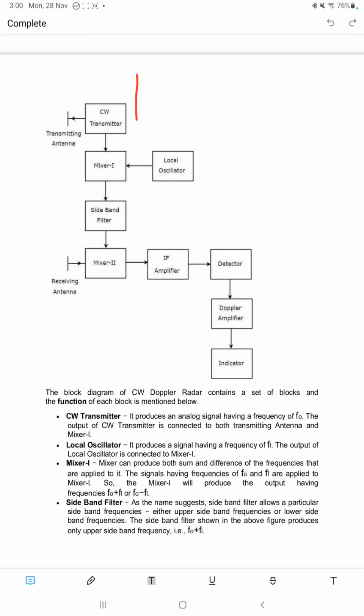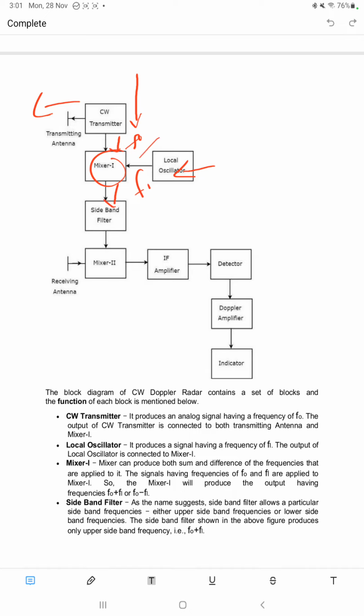Here, the continuous wave transmitter sends continuous signals with frequency f0 to the transmitting antenna as well as to the mixer. The local oscillator sends frequency f1. The mixer mixes both, giving the sum or difference of the two frequencies.